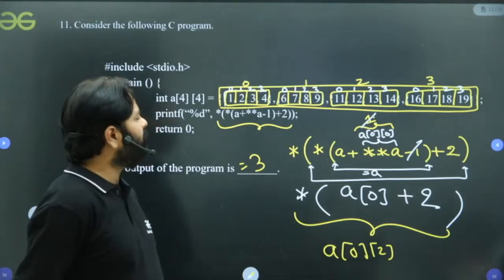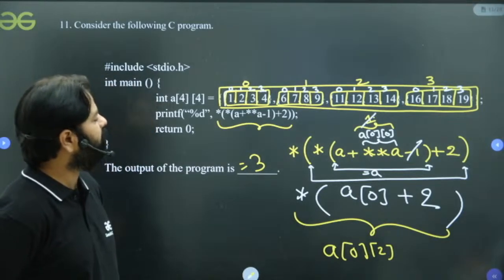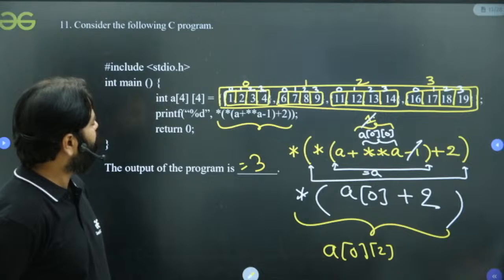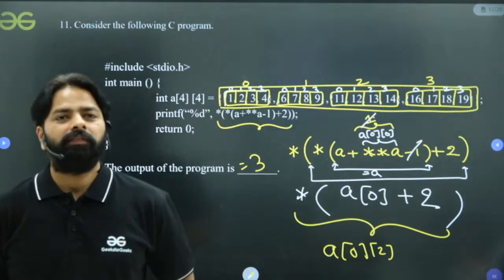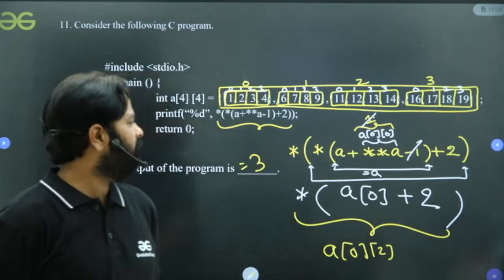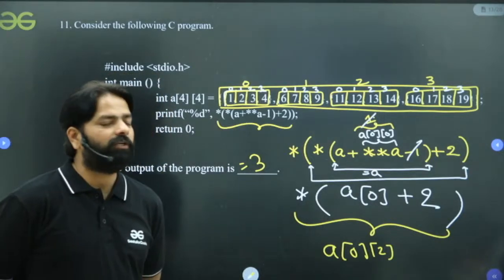How do you get 11? Why did you get 11? Have I done anything wrong here? No, right? It's 3 only, no? So understand step by step, we will get a of 0 of 2.